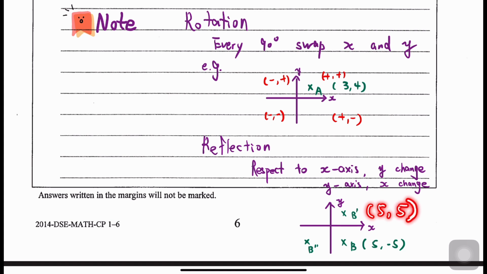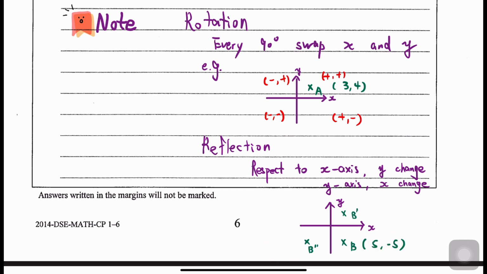The sign changes from negative to positive. If it's with respect to the y-axis, then x changes. It goes to this side, and the x coordinate changes from positive to negative. So here it should be negative 5, negative 5. You can see only x changes, and y stays the same.